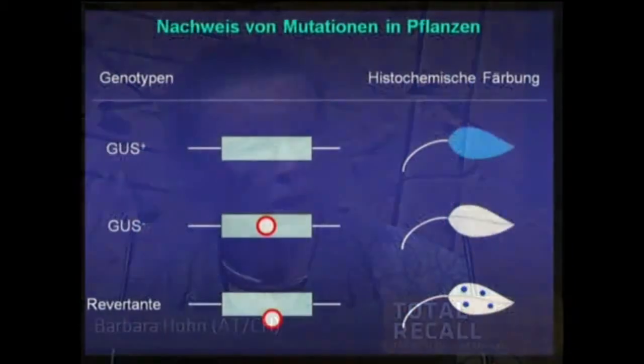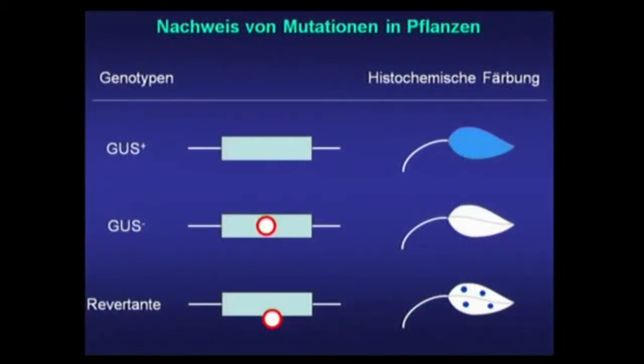Now, mutations of plants. We've transformed the Arabidopsis plant using a gene which, to detect that gene, we use blue dye.